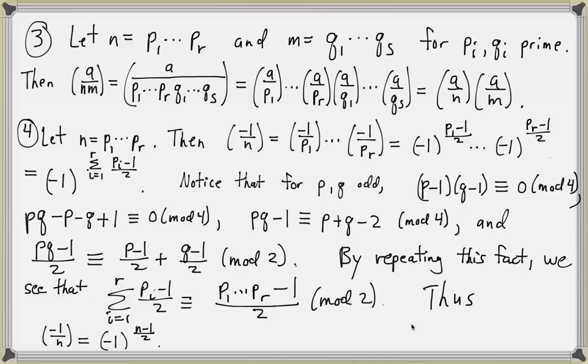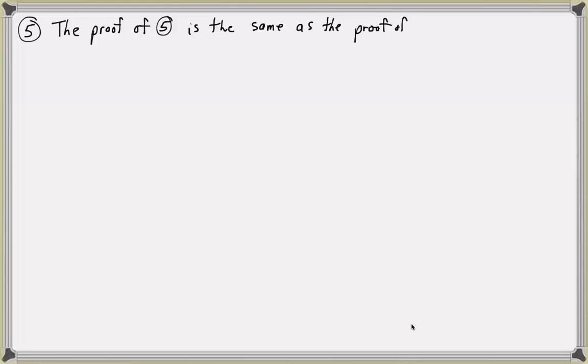Now the same technique is going to be used to prove property 5. We need a slightly different congruence that we're going to repeat to get the exponent to look the way we want it. So let's see the key step of the proof of part 5. The proof of 5 is essentially the same as the proof of 4. We need a different fact.